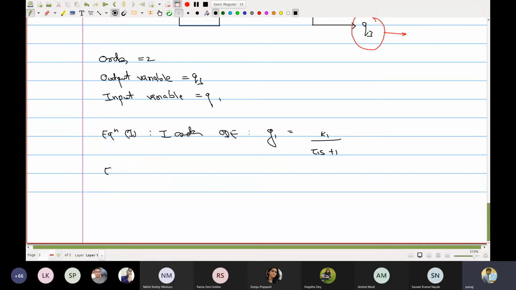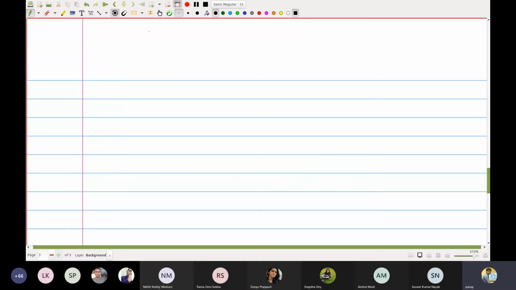My equation 2 is again a first order ODE, which means I can write G2 as K2 upon tau2 S plus 1. Now if I consider my output variable as Q3 and my input variable as Q1, how can I write the overall transfer function for the system?